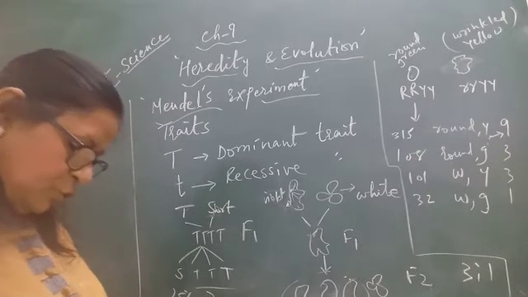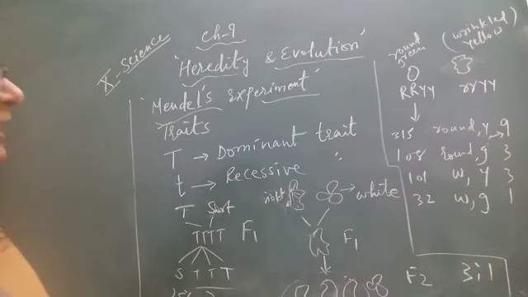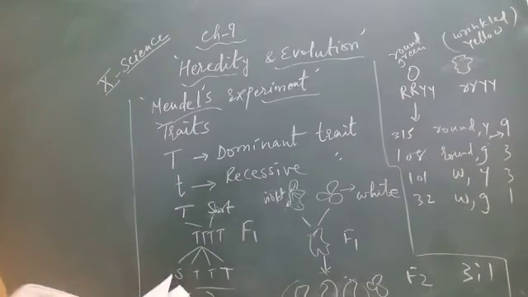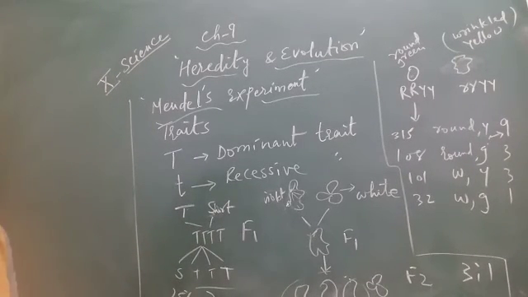This is because two characteristics, capital R and small y, would be linked to each other and could not be independently inherited. This explains that the gene set is present not as a single long thread of DNA but as separate independent pieces, which are called chromosomes.